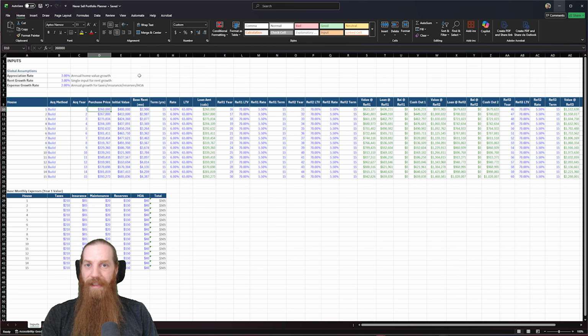That's the key here, and that's why I say self-GCing your builds can be such a huge benefit, especially in markets where labor is more expensive, because then your GC is going to charge a higher fee. That's just typically how it goes. I'm a GC myself. I know how the game works, right? If you're in a cheaper market like Texas, obviously your GC fee is going to be lower just because that's the numbers there, right?